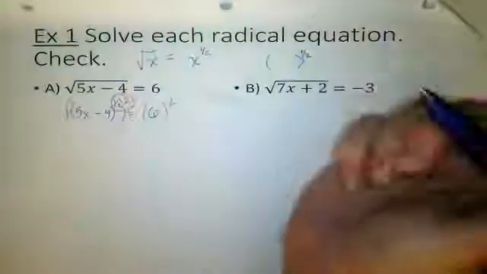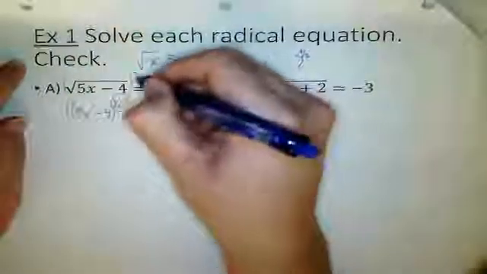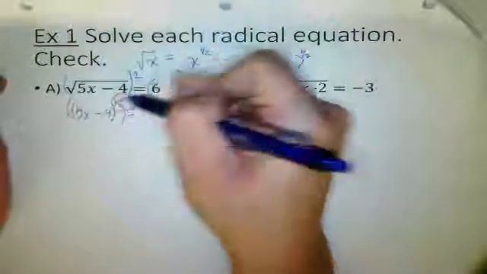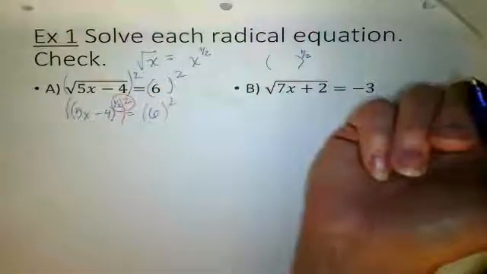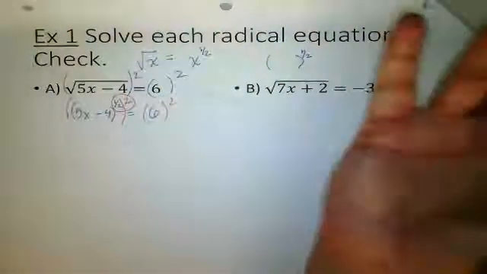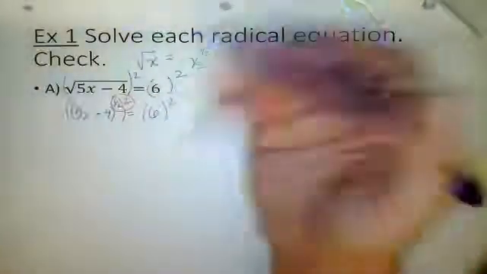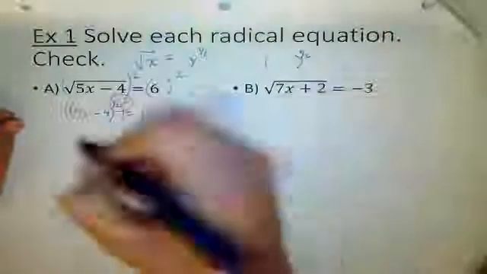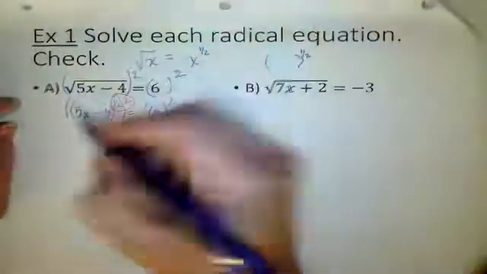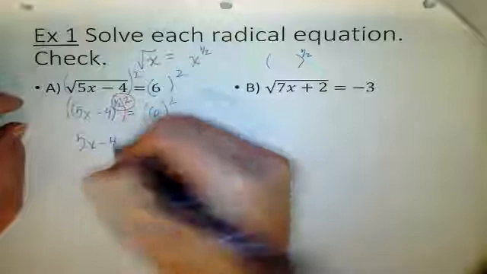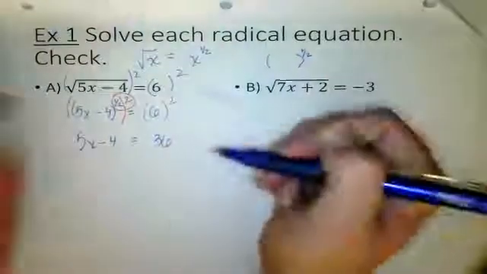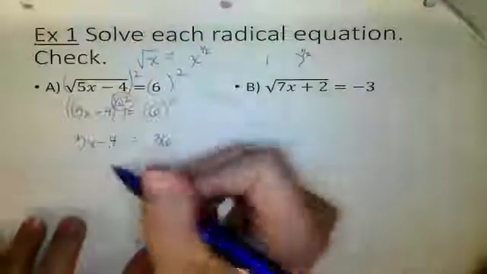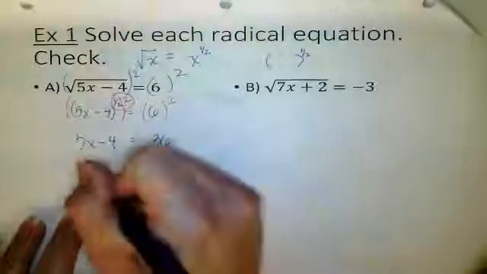So when we square both sides, the square and the square root are inverses of one another, just like 2 and 1/2 are inverses of one another. So they cancel out, reducing to 1, essentially. Well, 5x minus 4 to the power of 1 is 5x minus 4, equals 6 squared, which is 36. And then you can do what? Add 4.